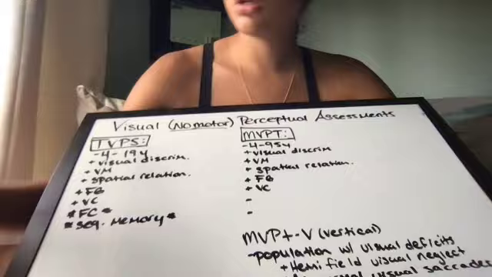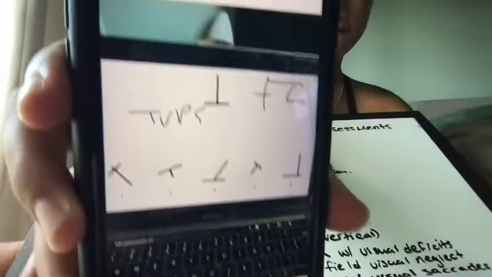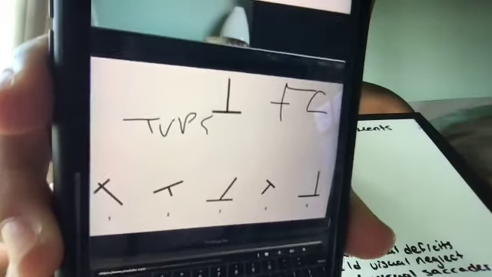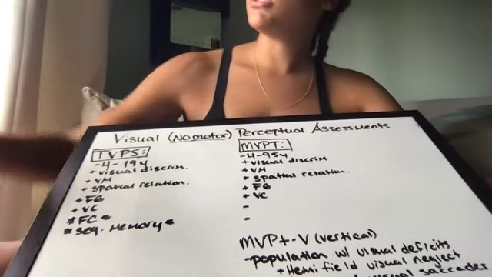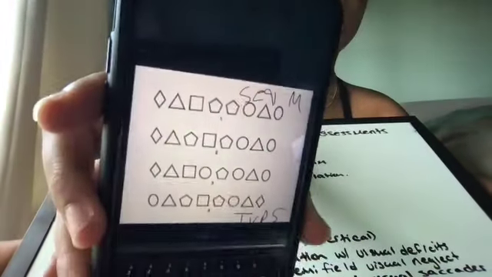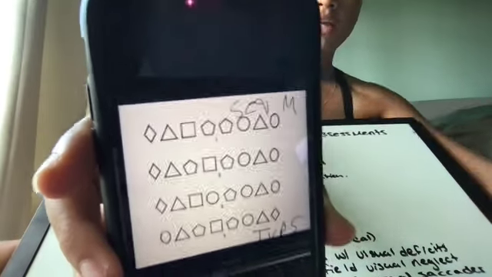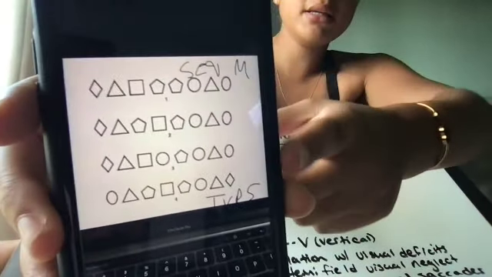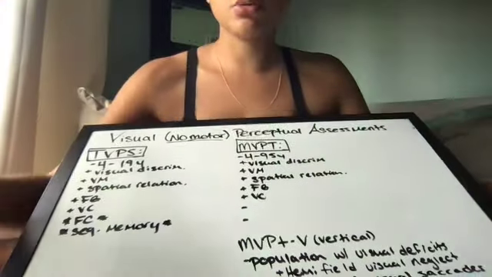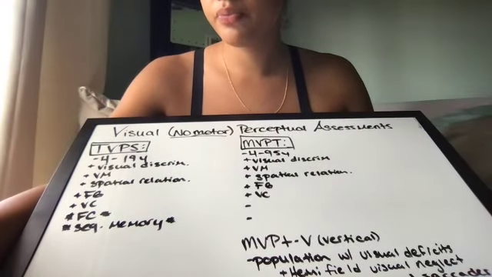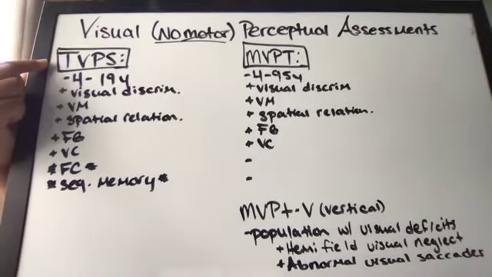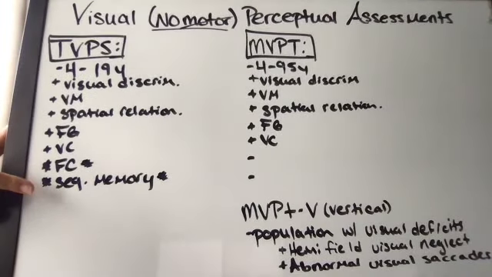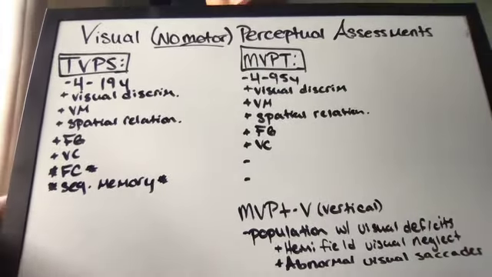Is this one here. And then last up, sequential memory. You're going to show them an image prior, and they have to try to find which of these has the same sequential order as the one that you showed them prior. All right, so that's the TVPS, non-motor compared to the TVMS.